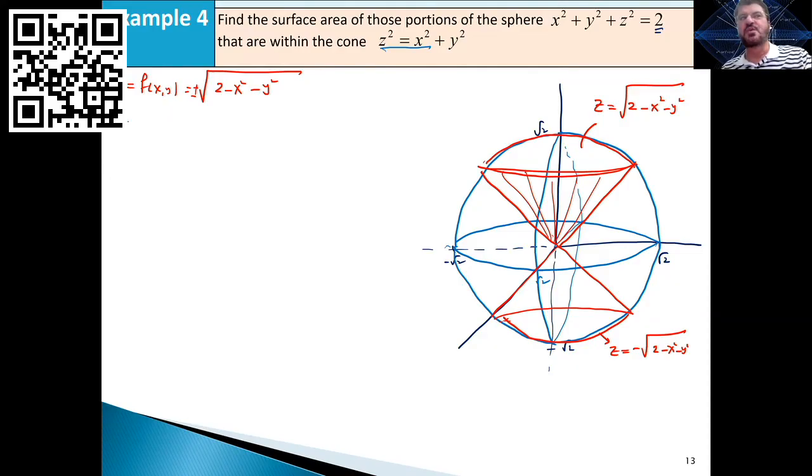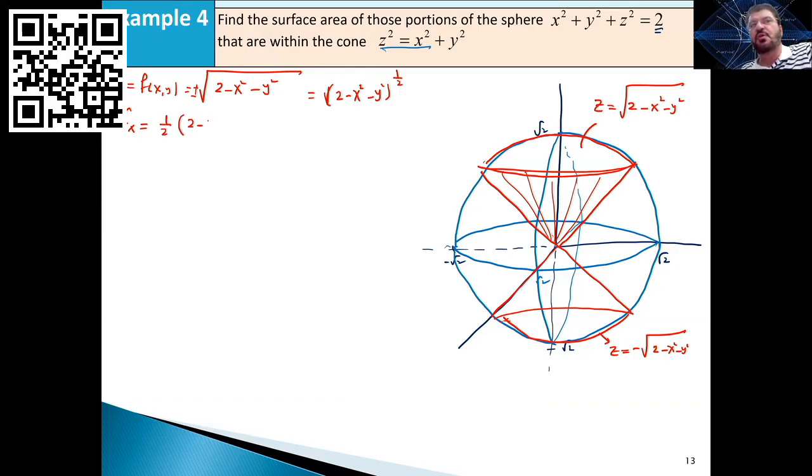So what do we say here? We're going to say here that, so this is actually the positive part. So fx is what? By the way, this is equal to 2 minus x squared minus y squared to the power half. If I need to differentiate this with respect to x, the power goes down.